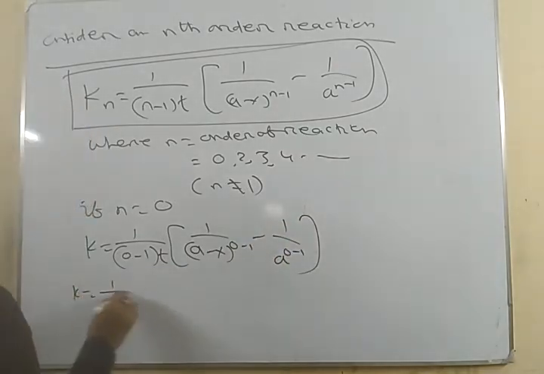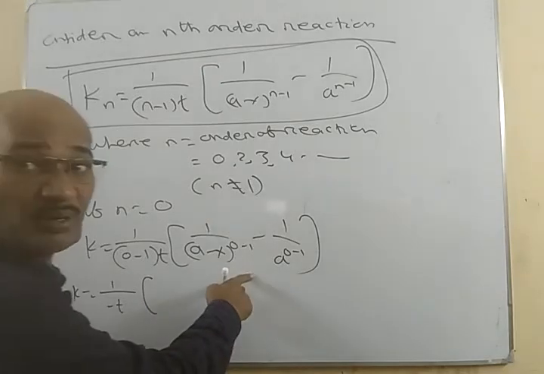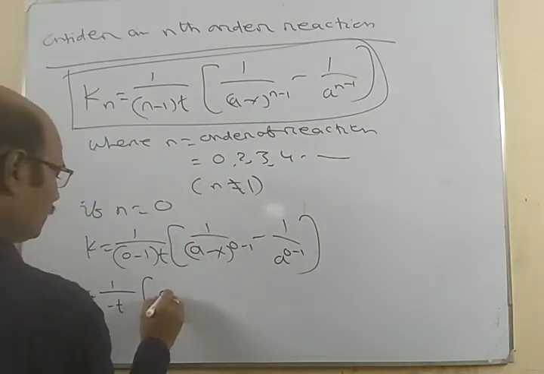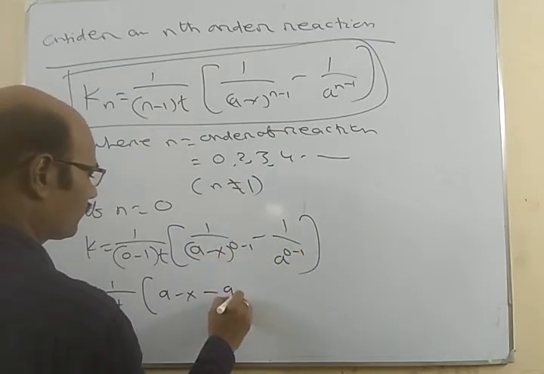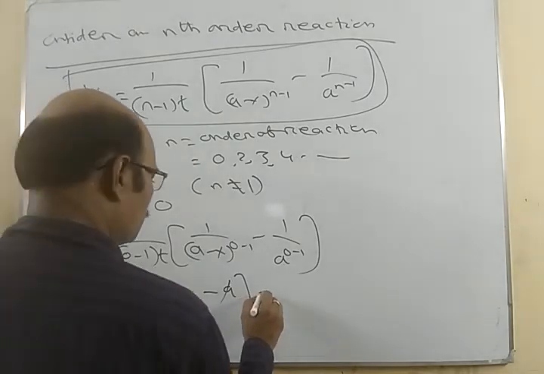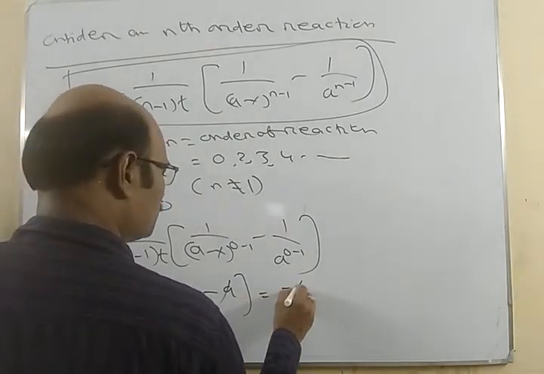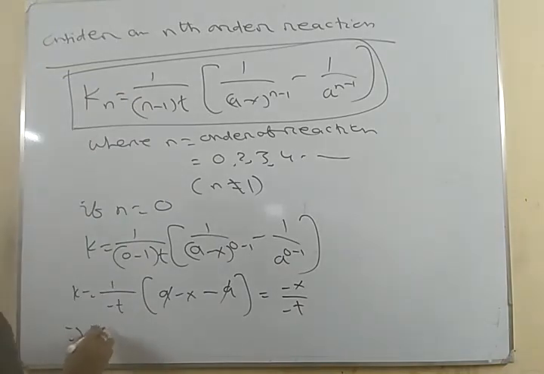So k equals 1 by minus t into a minus x power minus 1, that is a minus x, minus 1 by a power minus 1, that is a. So minus x by t is equal to what? Minus x by minus t. And the minus cancels, so the value k equals x by t.